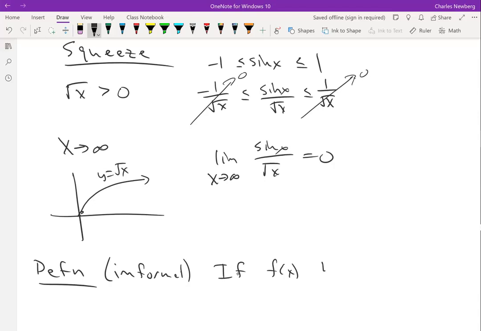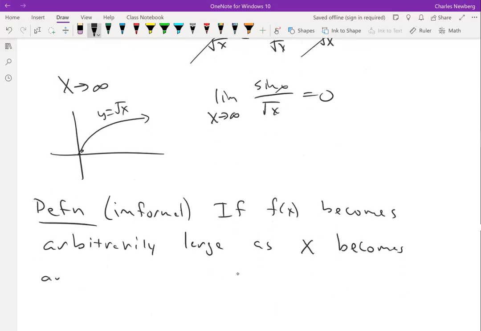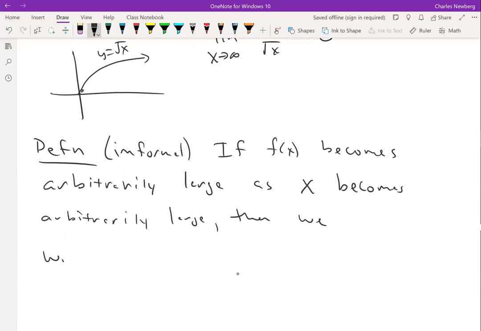If f of x becomes arbitrarily large as x becomes arbitrarily large, then we write the limit as x goes to infinity of f of x equals infinity.